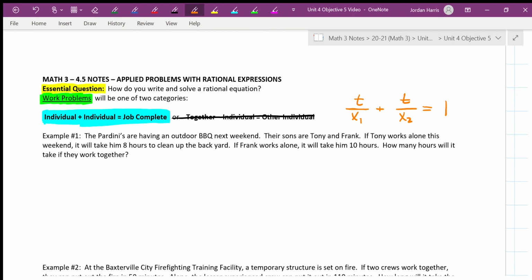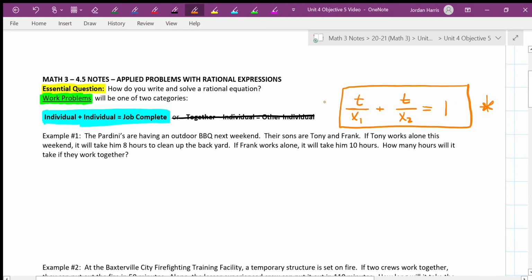We want it to equal 1 because this is basically a percentage plus another percentage equals 100%. We want the job to be complete, so that's 100%. But remember, we can't use percentages in math work, so we use the decimal version. 1 is the decimal for 100%. So we are completing the entire job. This right here, I'm going to box it, I'm going to star it.